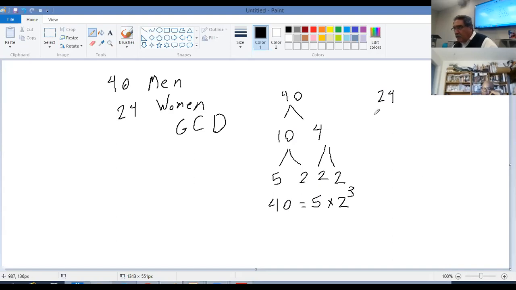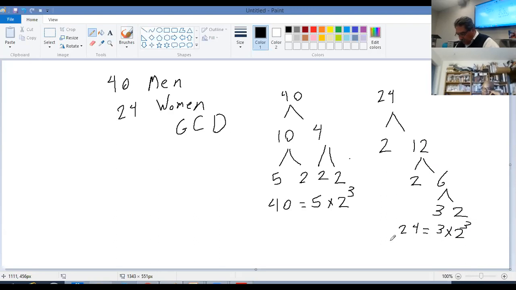Now 24: 24 can be 2 times 12, 12 can be 2 times 6, and 6 can be 3 times 2. So 24 would be 3 to the power of 1 times 2 to the power of 3.